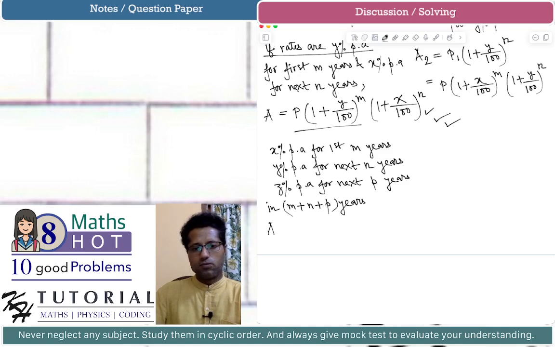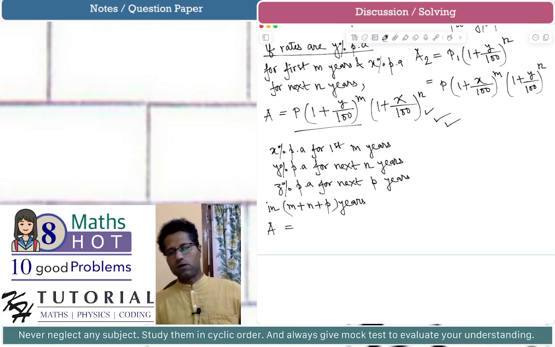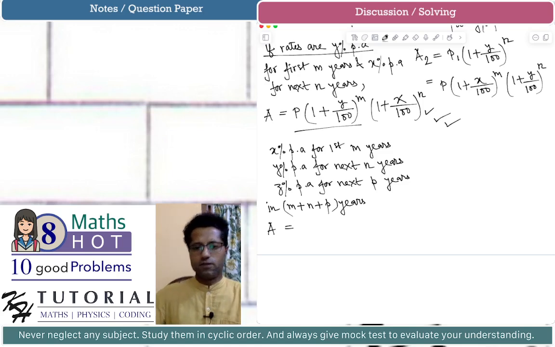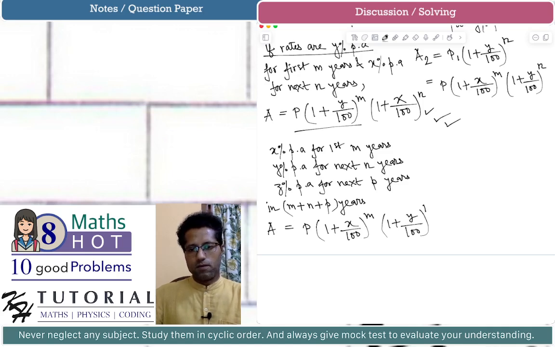the total amount, that is the amount after m plus n plus p years, of course the initial principal is P, will be P multiplied by 1 plus x by 100 to the power m, multiplied by 1 plus y by 100 to the power n, multiplied by 1 plus z by 100 to the power p.